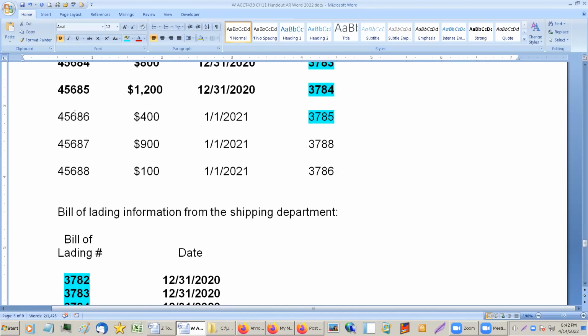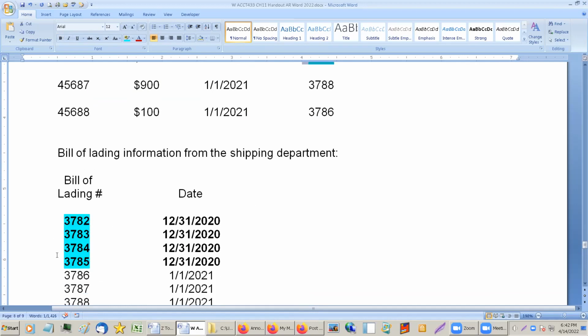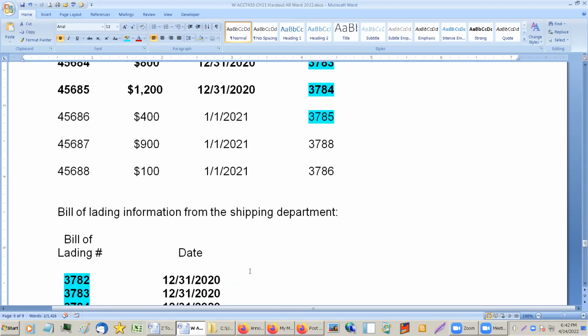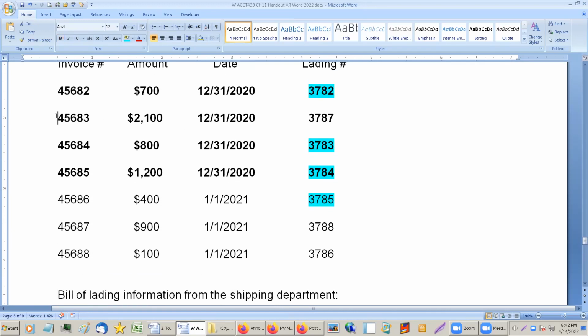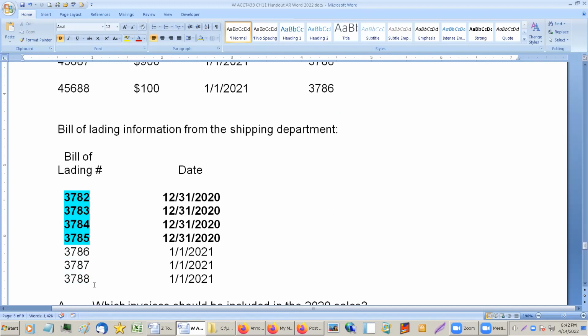Which means that there could have been a problem with getting that sales order in or whatever it was, but this invoice was shipped. This is a shipping document, so it went out. Now, there's also the problem of this one, because this one was not shipped. This one didn't get shipped till the 1st.